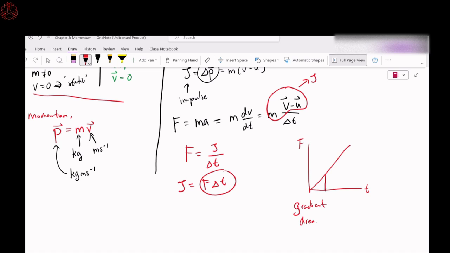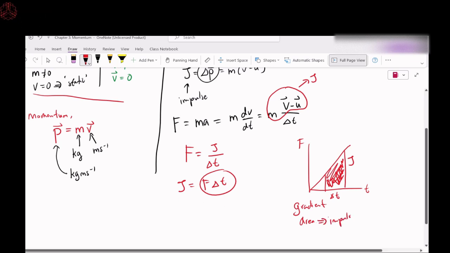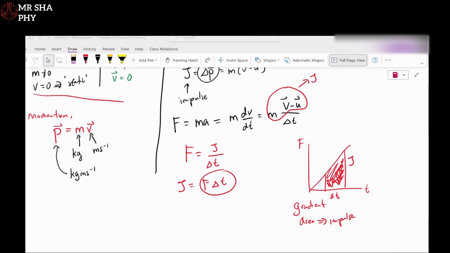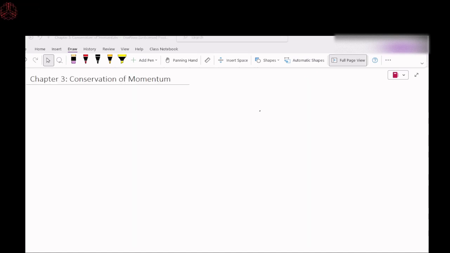If I take some value of delta t and shade the area under the graph, that is just the impulse. So the area under the graph represents impulse. Okay, that is all from me for this part of the video. Thank you very much.